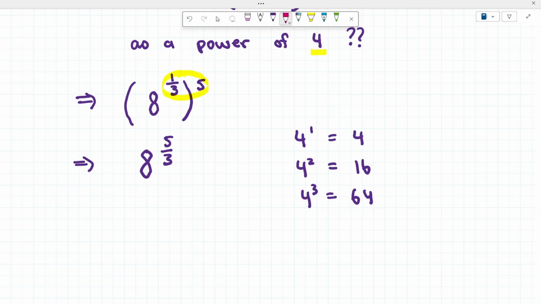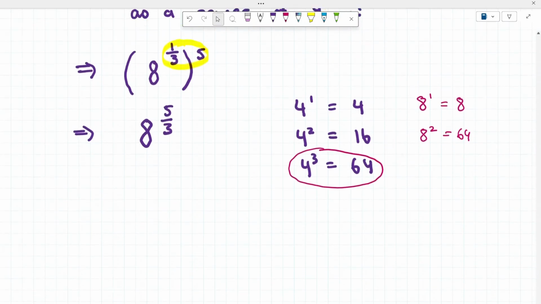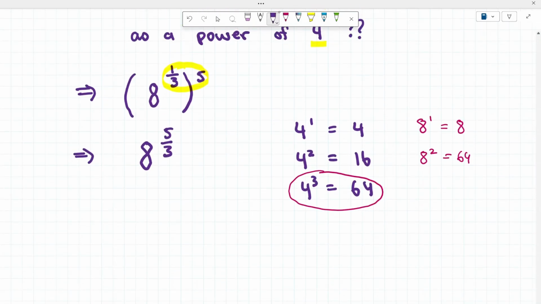Let's stop there for a second and do the same thing with 8. 8 to the power of 1 is 8, 8 to the power of 2 equals 16. Oh, sorry, not 16, 64. And that's it. So we see this commonality that 4 to the power of 3 is the same as 8 to the power of 2.